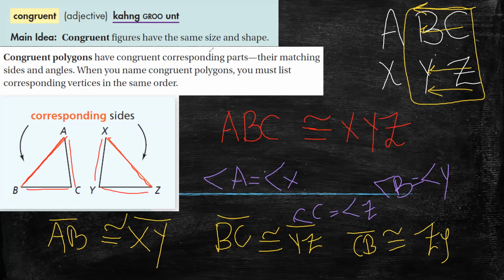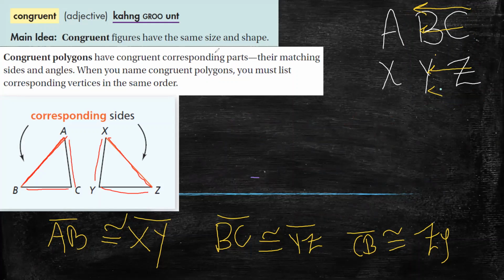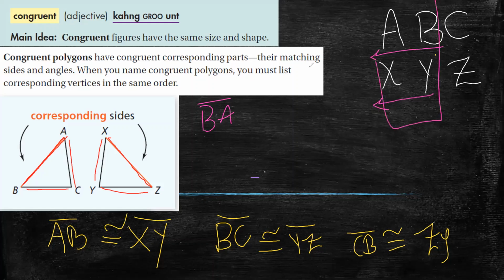Now, what if I ask you what is the corresponding side to BA? First you make a square around them. BA will be YX.